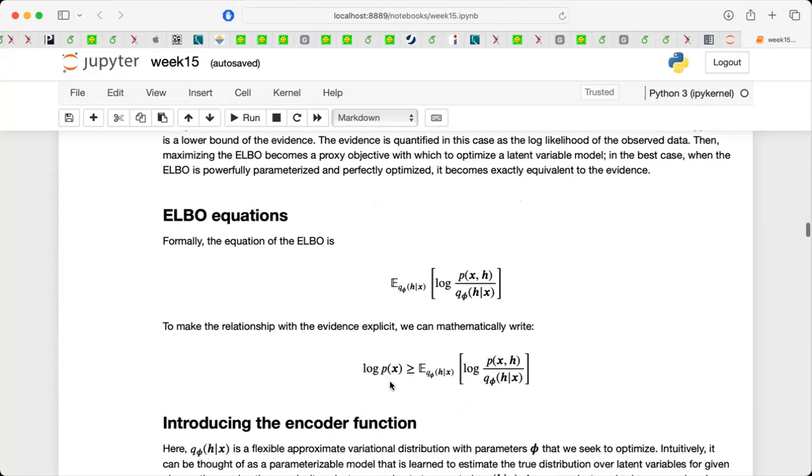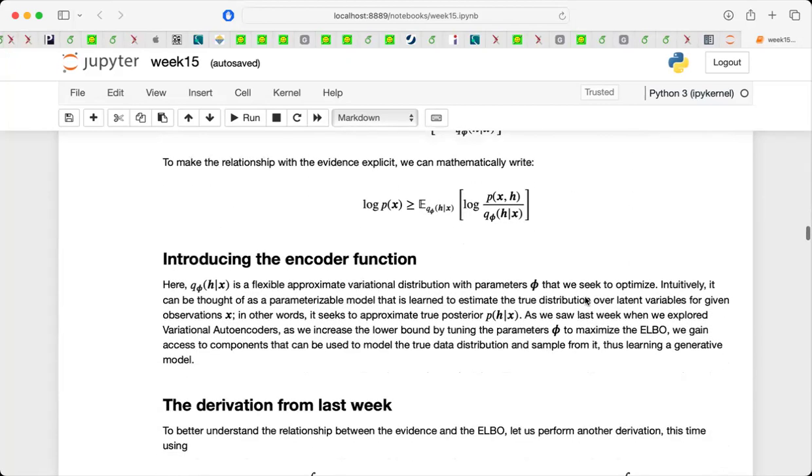We can actually rewrite this equation here in terms of this equation plus the Kullback-Leibler divergence, which is always positive. So the encoder function is a flexible approximative variational distribution with some parameters phi that we're also trying to optimize. So we would have the parameters for the encoder, which then transfers us from the input data to the latent space.